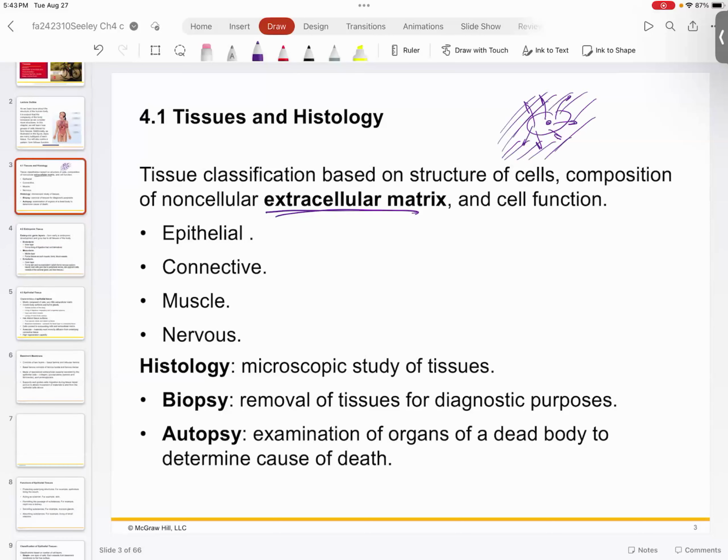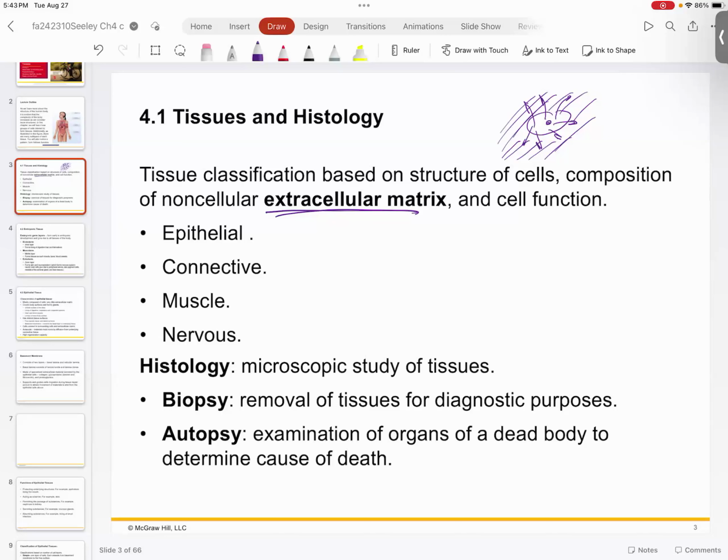Now, when you take a look at tissues, that's an important concept because in some cases, your tissues are defined by the cells, like epithelial tissue, for instance. And in other cases, the tissues are defined by the extracellular matrix, like connective tissue. Most of what we think about as bone tissue is actually extracellular matrix of bone cells. So in some cases, they're characterized by one or the other.